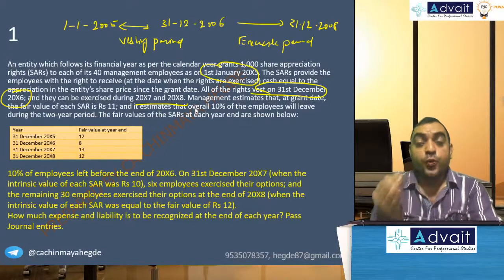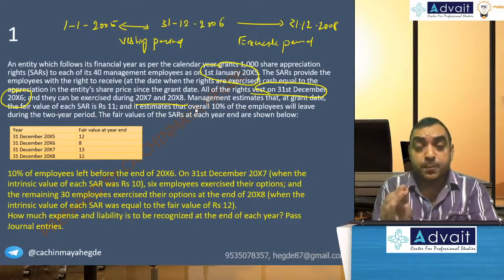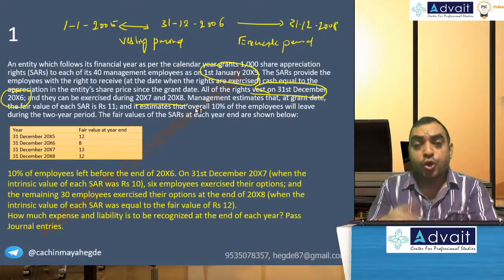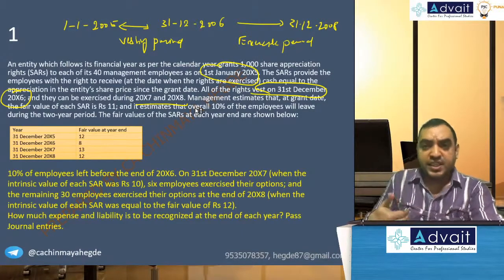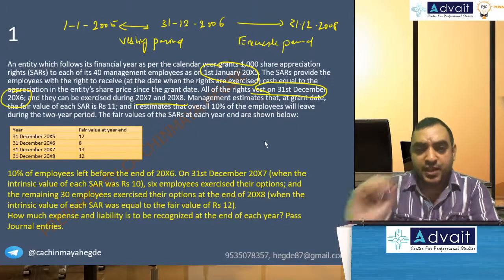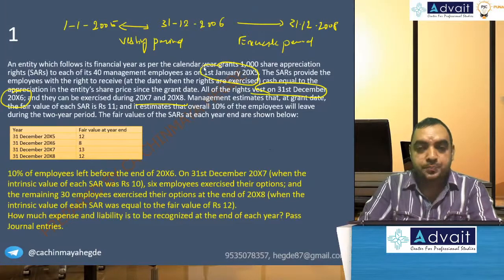They said 10% overall. Had they said 10% of the employees shall leave annually, what you would have done? 40 into 0.9 into 0.9, or however many employees were left in the current year multiplied by 0.9. Anyway, all these are expectations. Expectations cannot have rules.